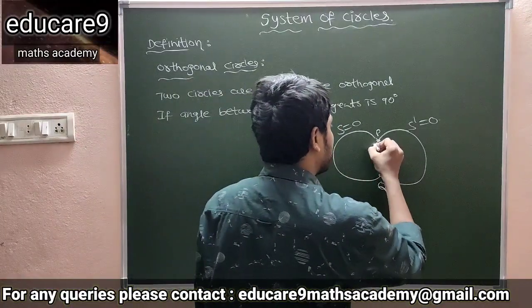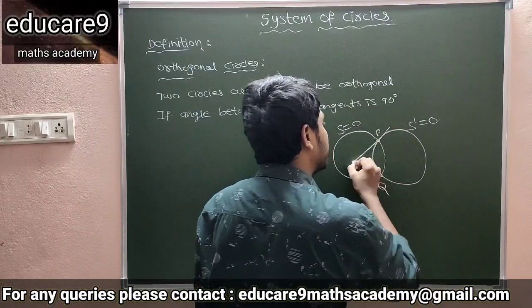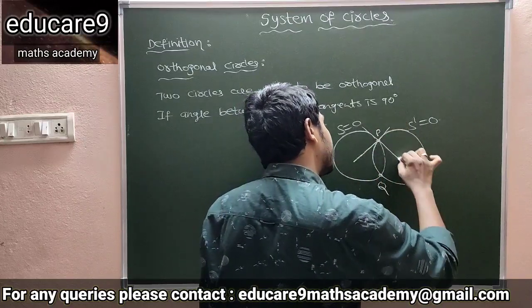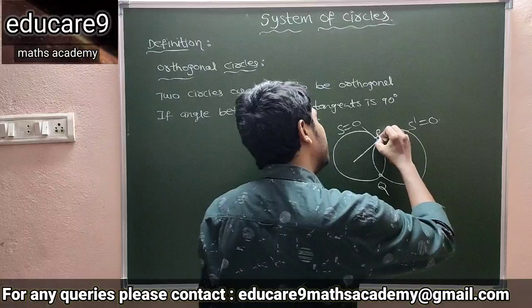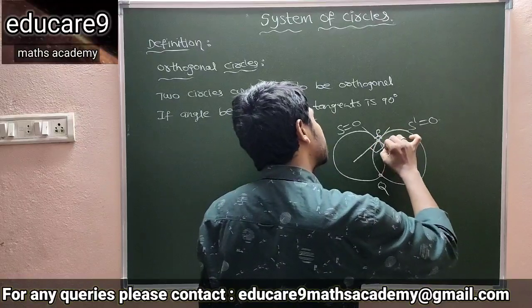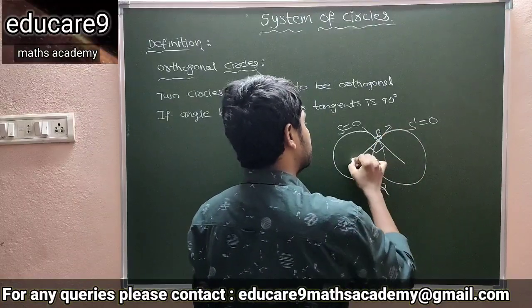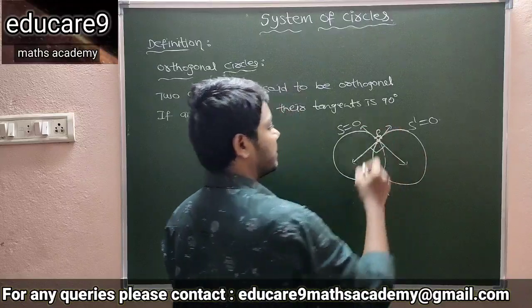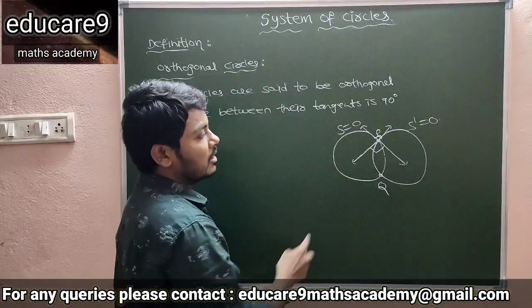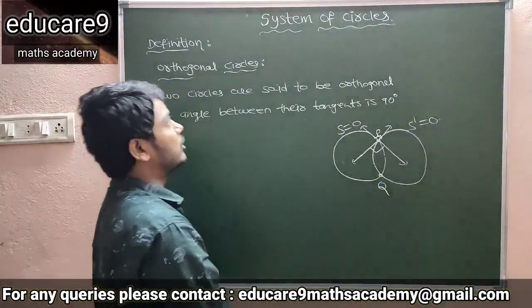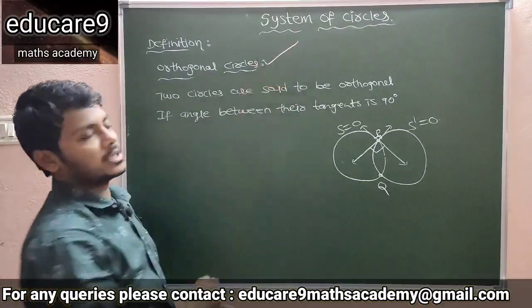So this is one of the tangents and this is another tangent. If the angle between the two tangents is 90 degrees, then these two circles are said to be orthogonal circles.